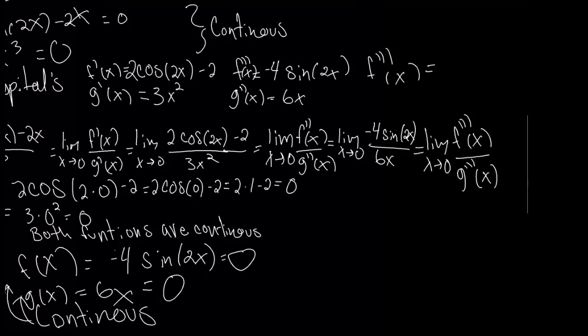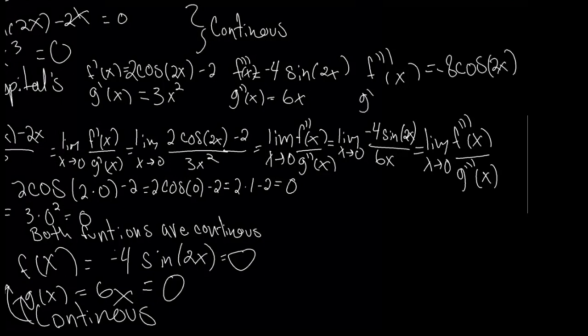So we have negative 4 cosine times 2, and then we can multiply this, so we can rewrite this as negative 8 cosine of 2x.